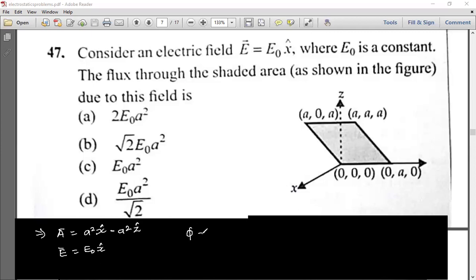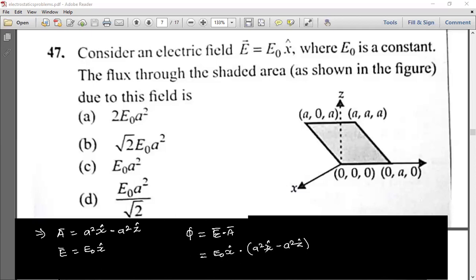Now the flux we want to find, flux phi is equal to E bar dot A bar, so this is E0 x cap dot A square x cap minus A square z cap. So x cap and z cap means i cap dot k cap, which is 0, so we only have to see i cap dot i cap.